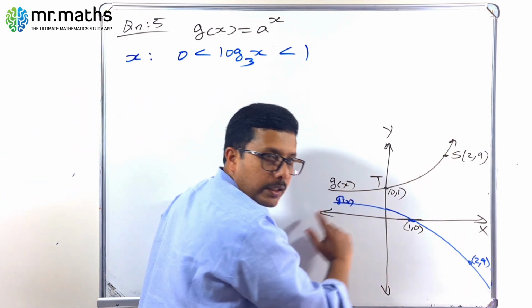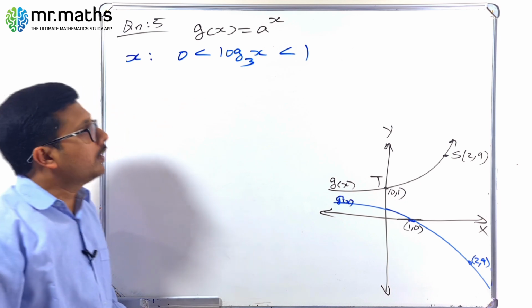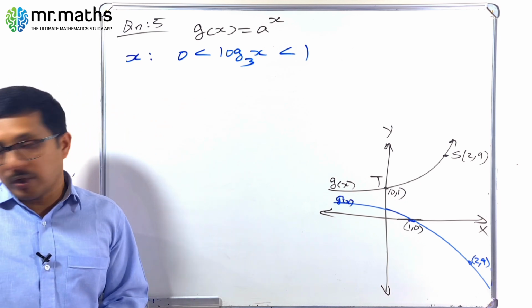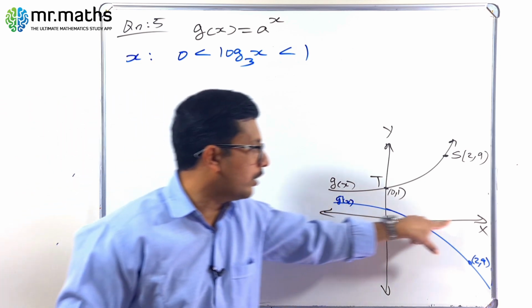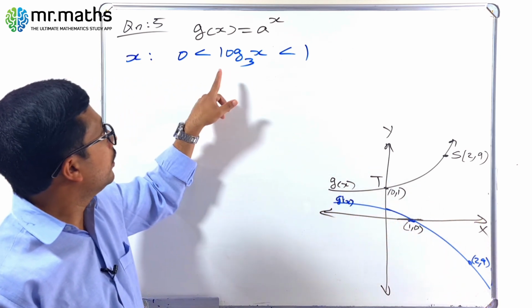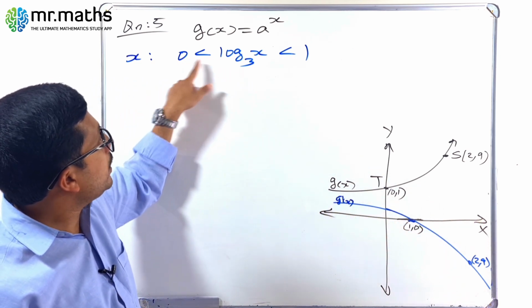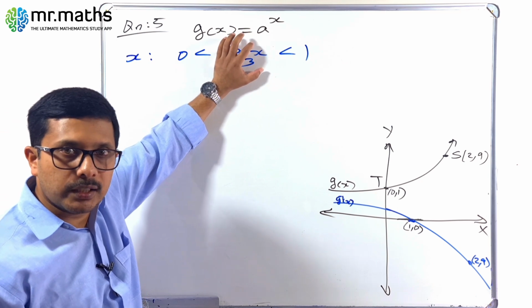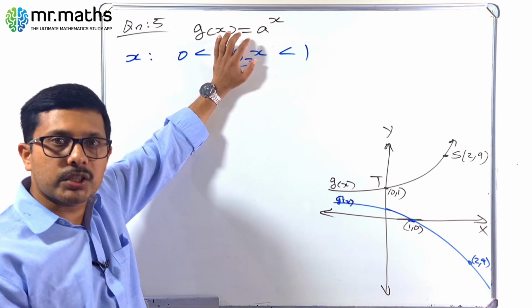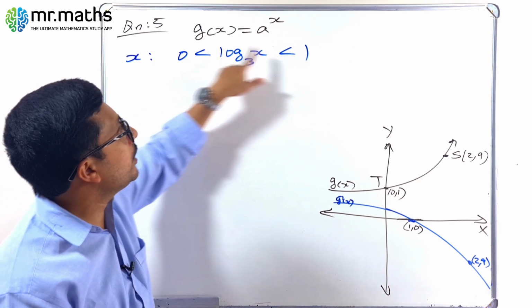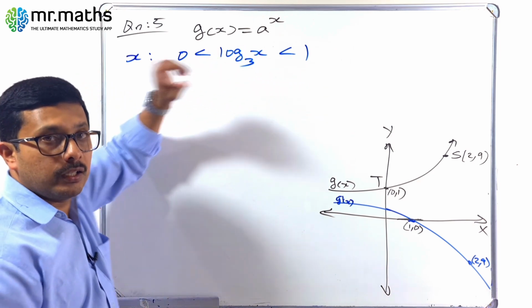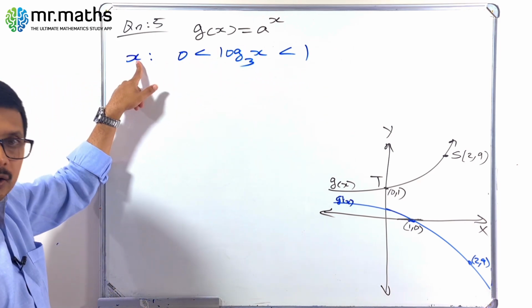Now look at the question once more. You have to find the values of x where y is, the inverse is also a function, so the function is y, where y is between 0 and 1. Listen once more. You have to find the values of x.